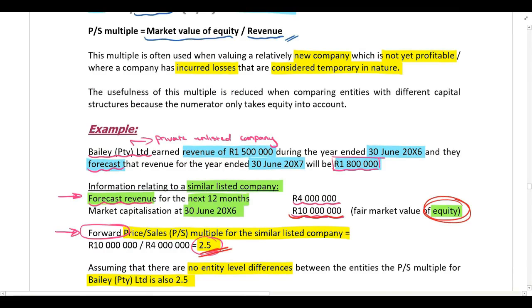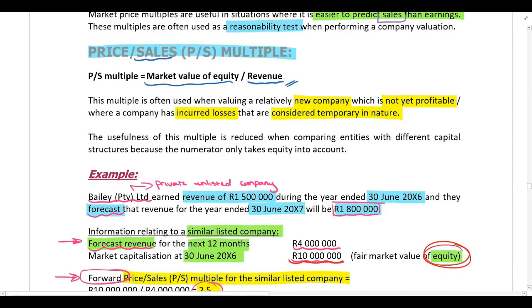Now, one disadvantage of a price sales multiple is when we have companies with different capital structures, the usefulness of this multiple is reduced. And the reason for that is because the numerator only takes equity into account.